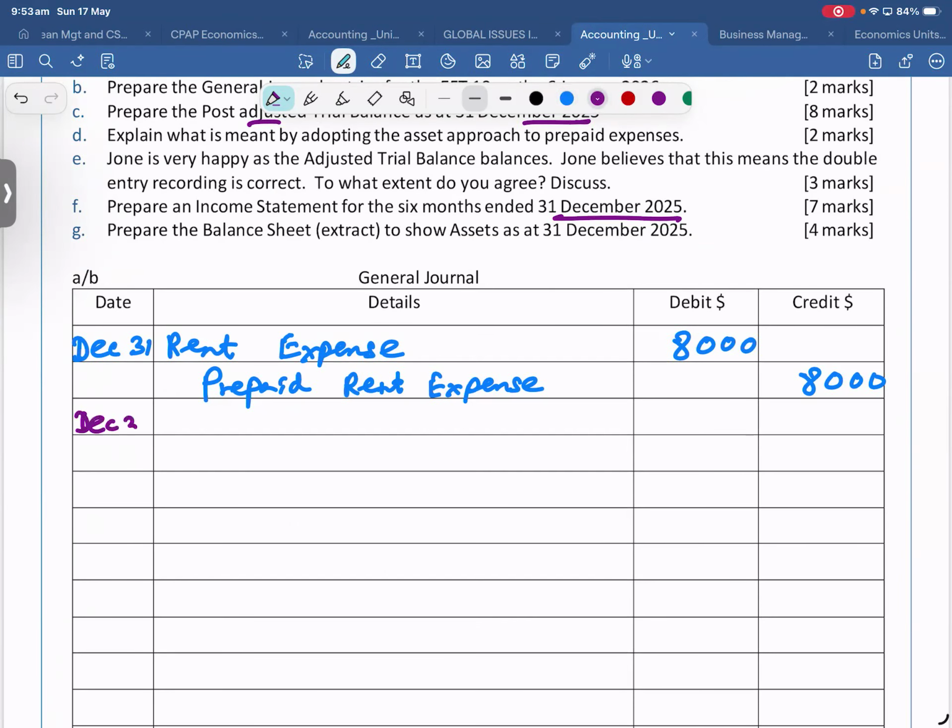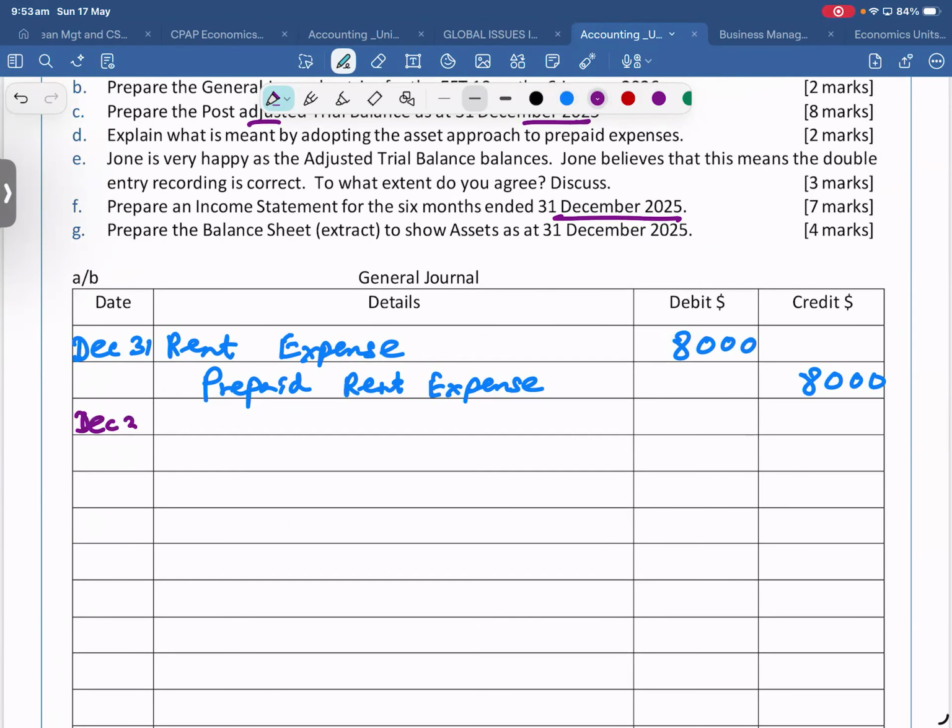Again, December 31st. Unfortunately, we had to repeat the date, guys, for every transaction, right? So then we are going to debit unearned sales. Do we not need narration for each one? No, don't worry about narration.